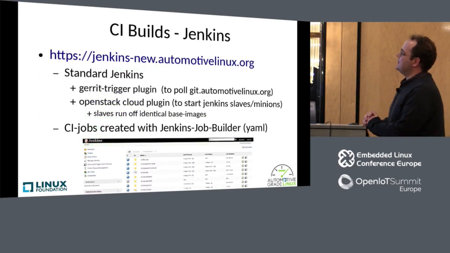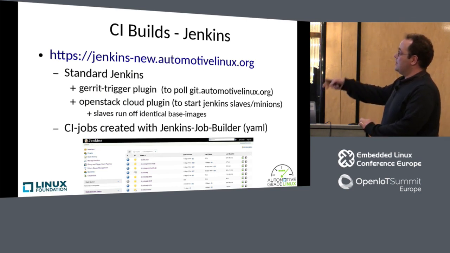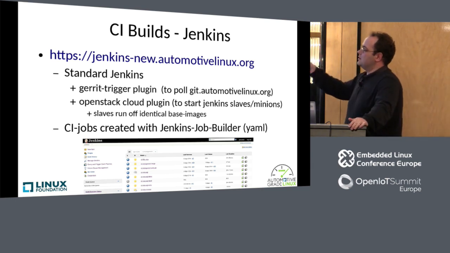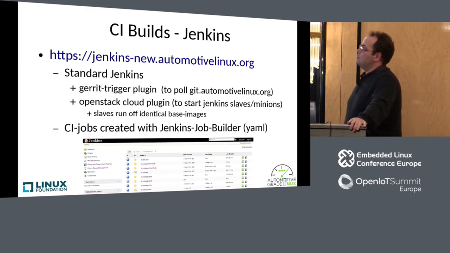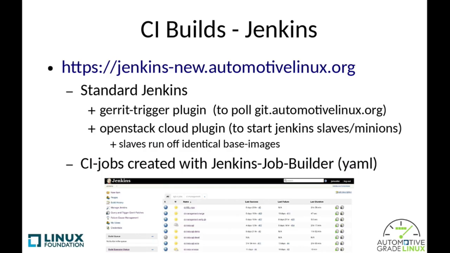The CI builds happen in Jenkins, and we use standard plugins here. The Gerrit Trigger plugin is used to poll our Git repos, and we use the OpenStack Cloud plugin, so we are in a cloud, for spinning up the minions.